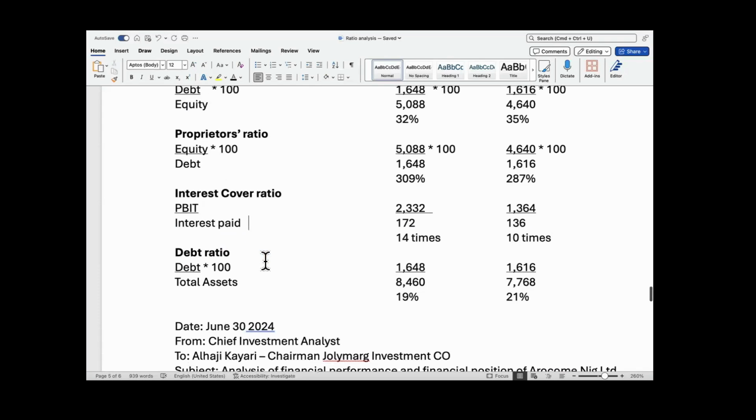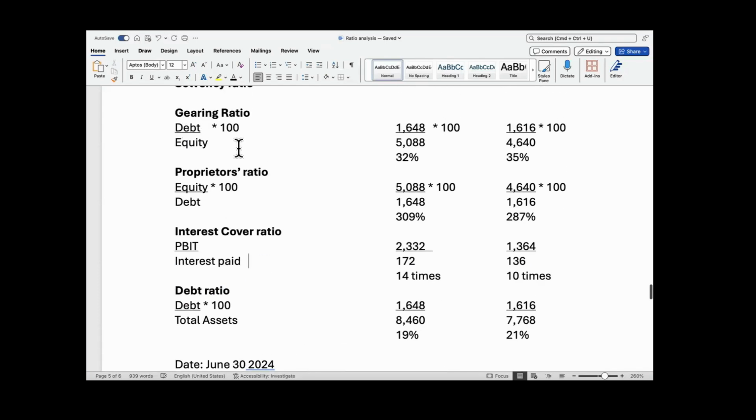Because whether gearing ratio, proprietors ratio, debt ratio, those three tell the same story. The three of them are actually talking about the stability of the company in terms of the level of their operations that is financed by debt.